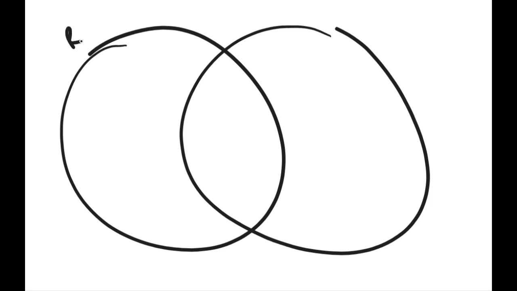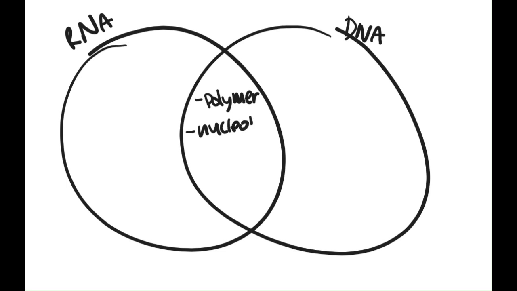I mentioned so many similarities and differences between RNA and DNA. Let's fully write them down in a Venn diagram. RNA, DNA. They're both polymers. They both have nucleotides, and these nucleotides have the sugars, the phosphates, the bases. However, there are some differences. DNA has deoxyribose sugar, as I mentioned before.